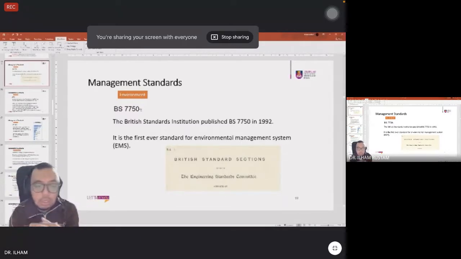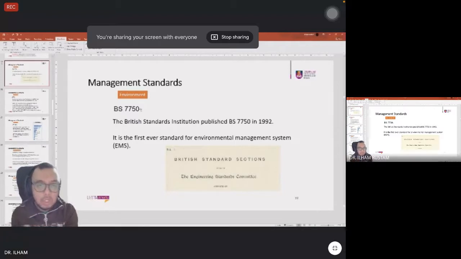So this is the first ever standard for environmental, bukan energy efficiency, lebih kepada environmental management system. Sebelum ni tak ada any kind of environmental impact sebab time tu belum ada Kyoto punya perjumpaan lagi.